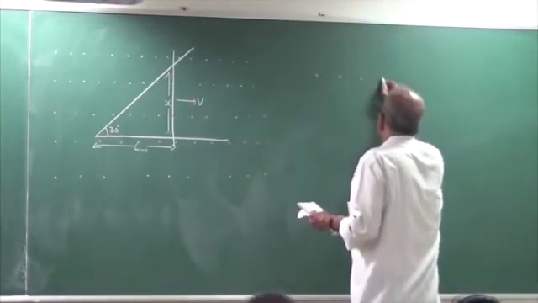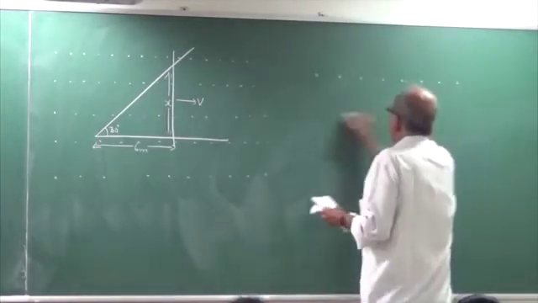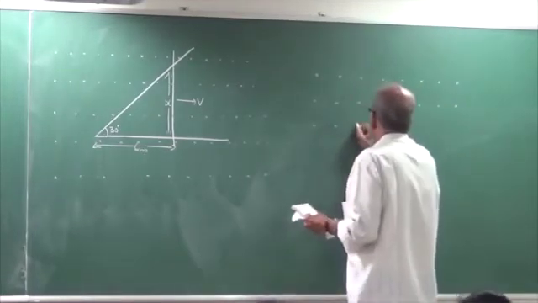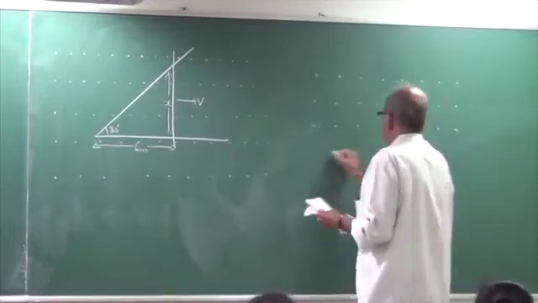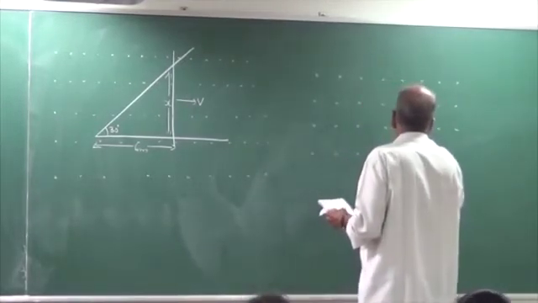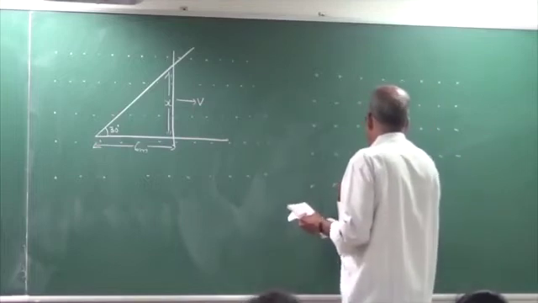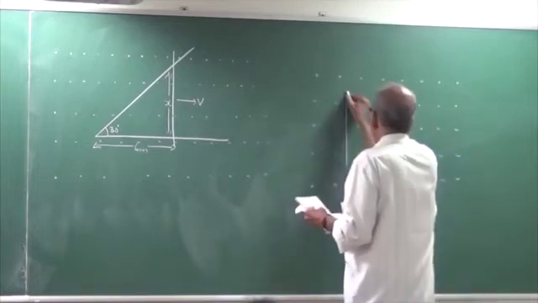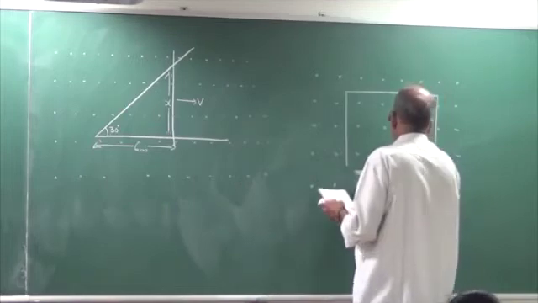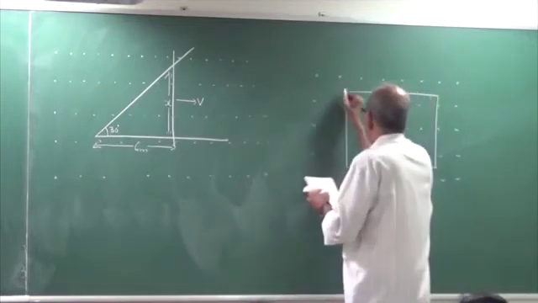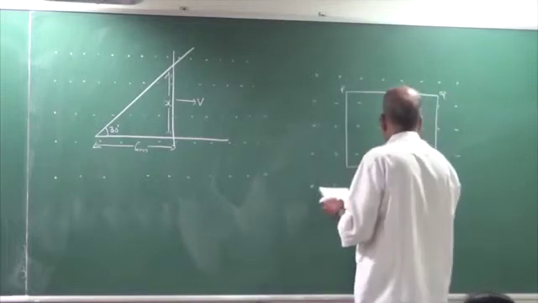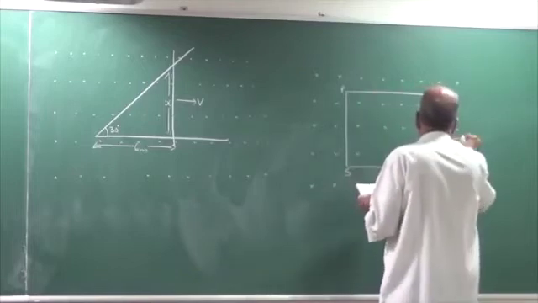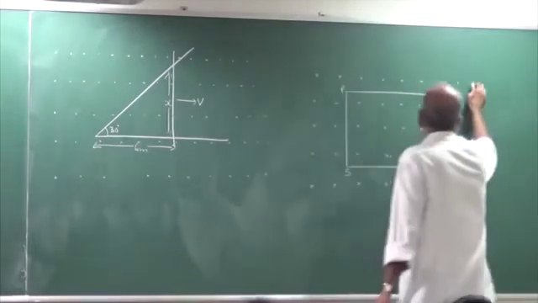There is a uniform magnetic field directed out of the plane of the board. There is a metal frame PQRS moving with a velocity v in this field.